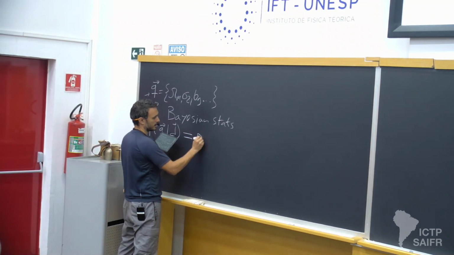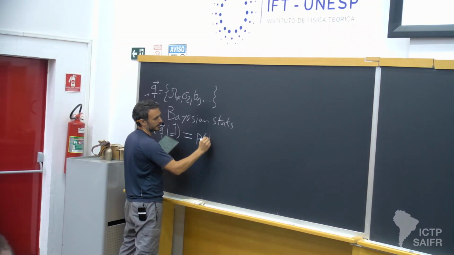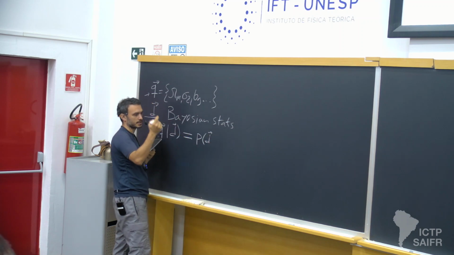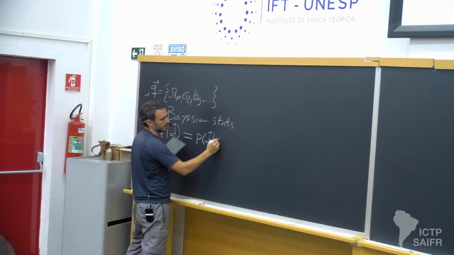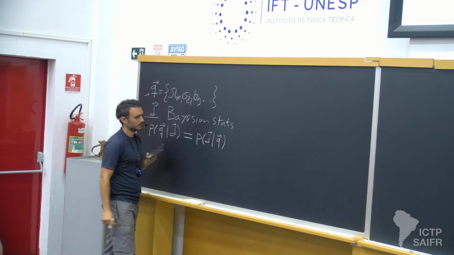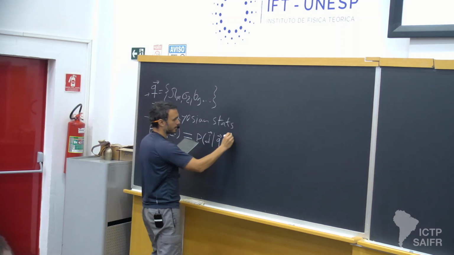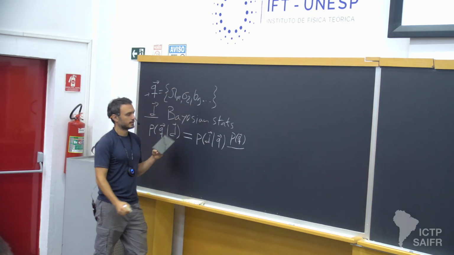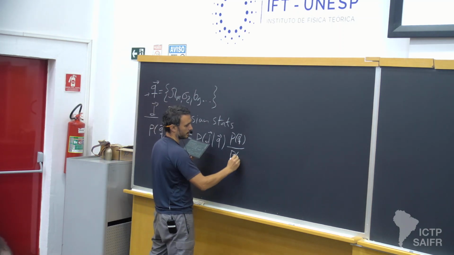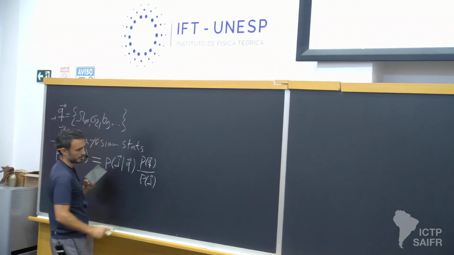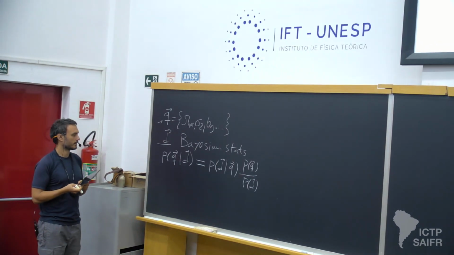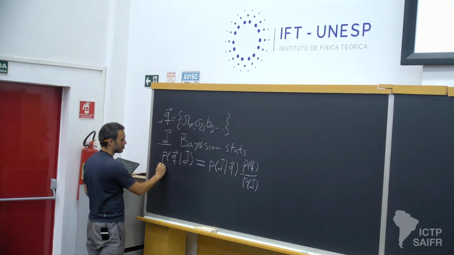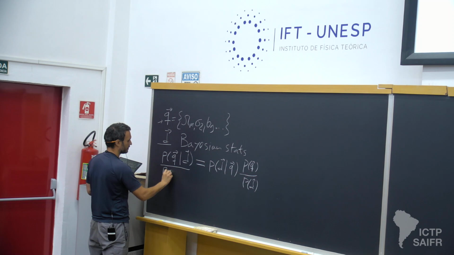This is the probability of our data, of having seen the realization of our data that we see, given those parameters, multiplied by the probability of the parameters, independent of any data, divided by the probability of our data for any value of the parameters. Okay? So we said this is the posterior distribution.